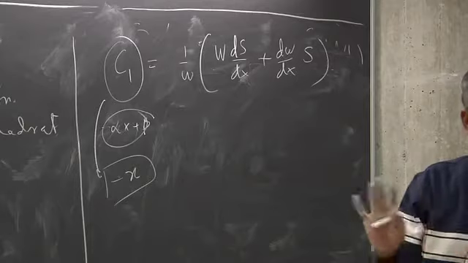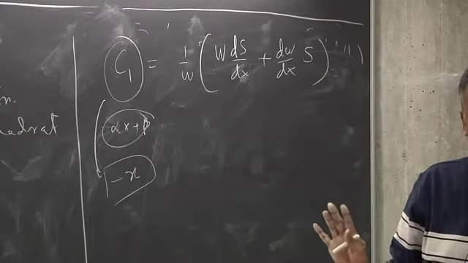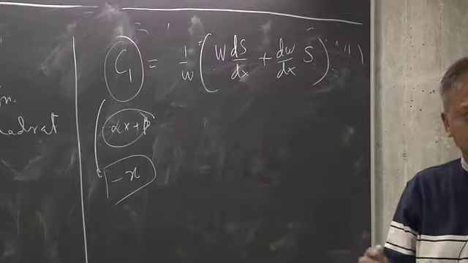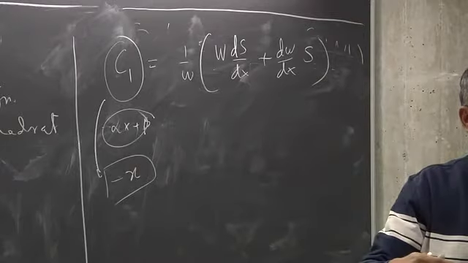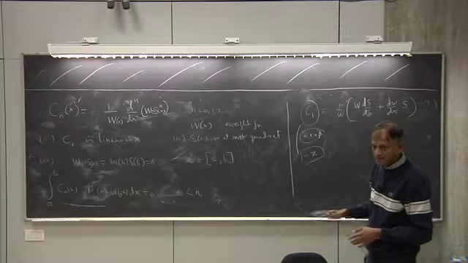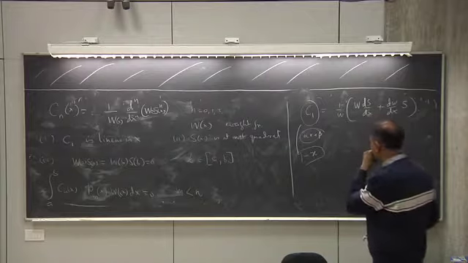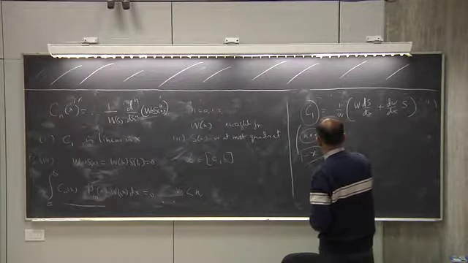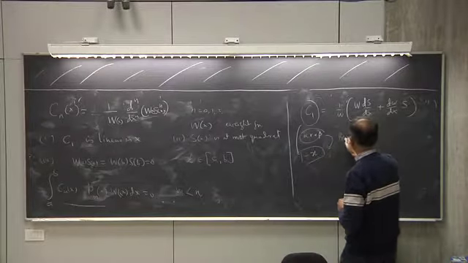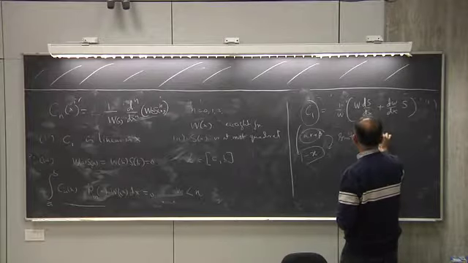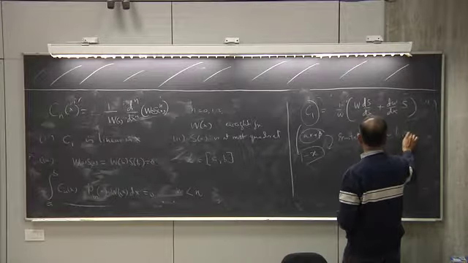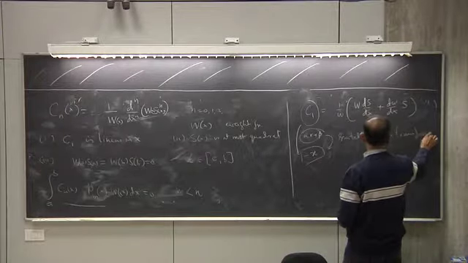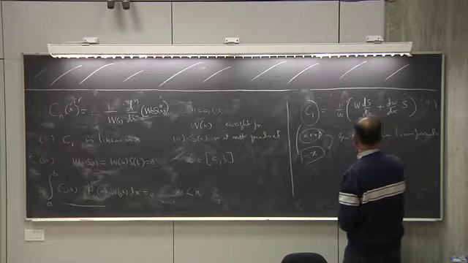A linear transformation only, not quadratic and so on, because quadratic transformations will change the degree of the polynomial, and you don't want that. So this is obtained by a suitable linear transformation of X.